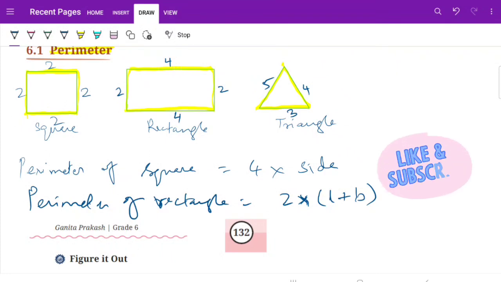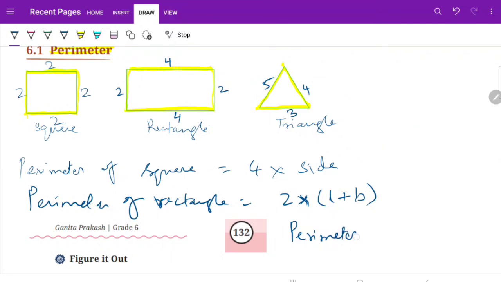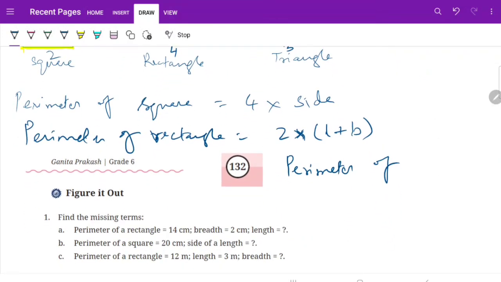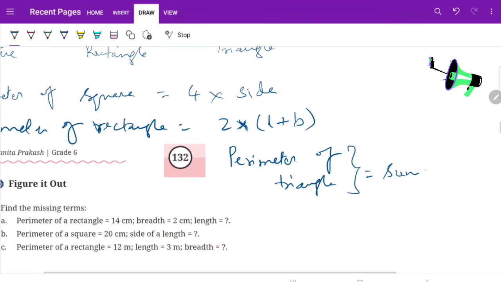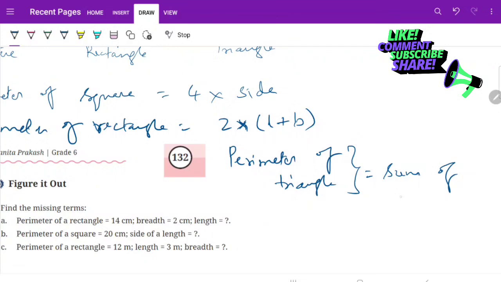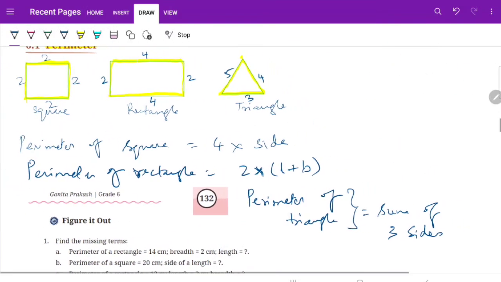So the perimeter of a triangle is the sum of 3 sides. These 3 formulas you have to remember.